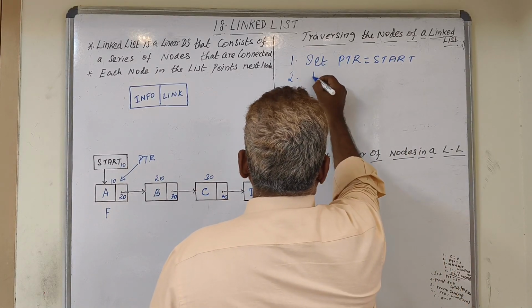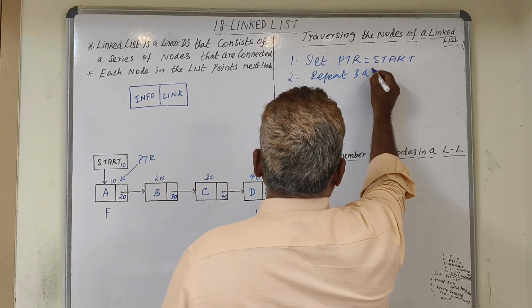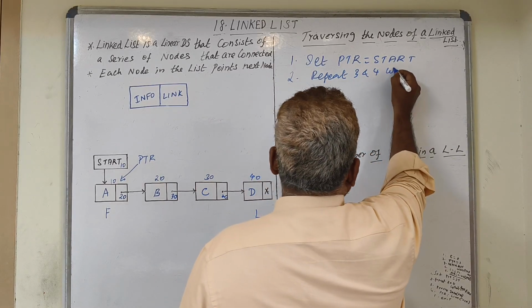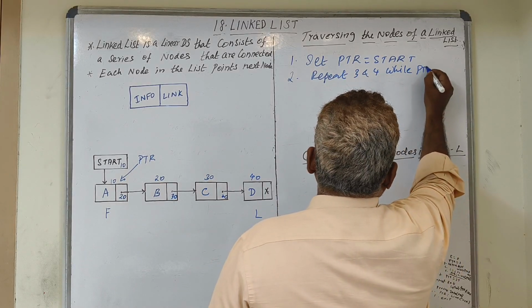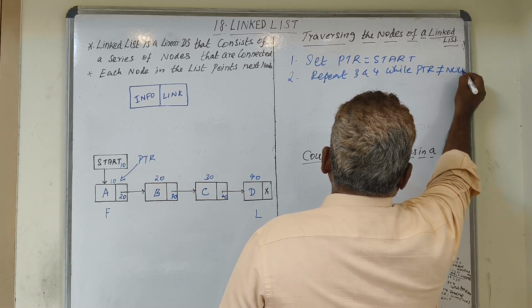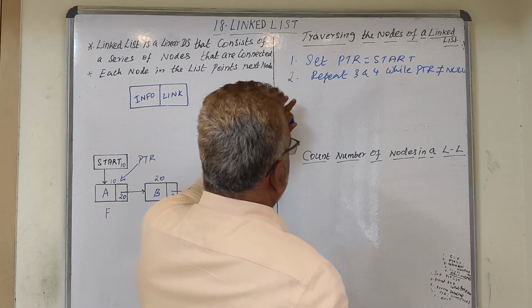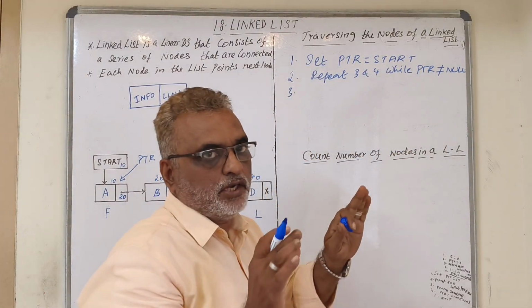Now repeat steps 3 and 4 while this PTR is not equal to null. We have to repeat these steps 3 and 4 while the PTR is not equal to null.